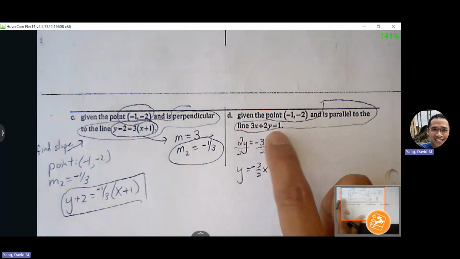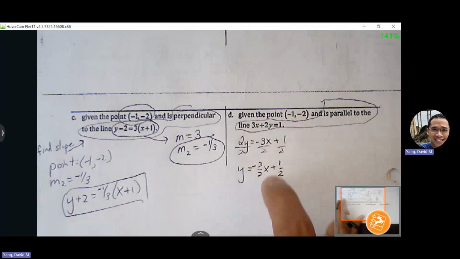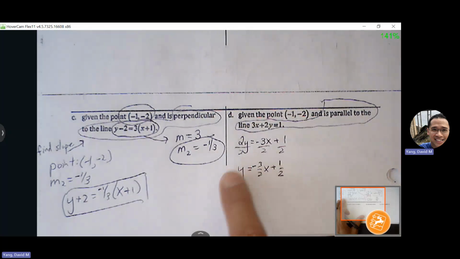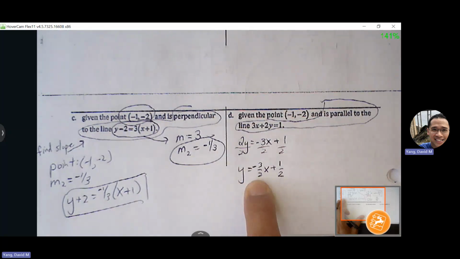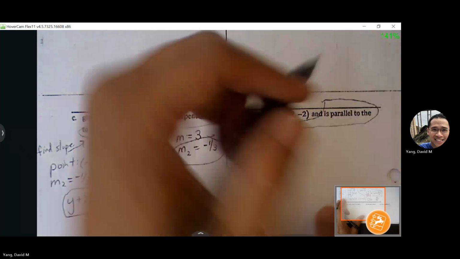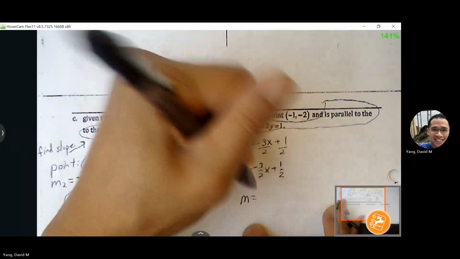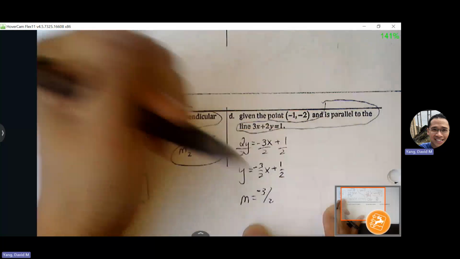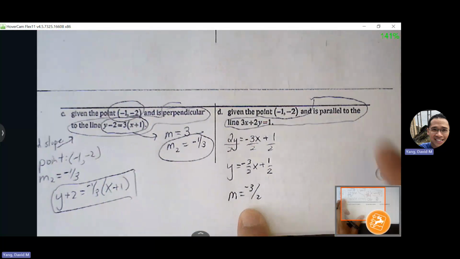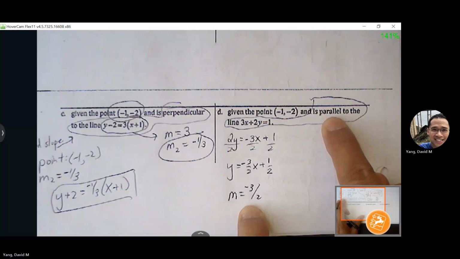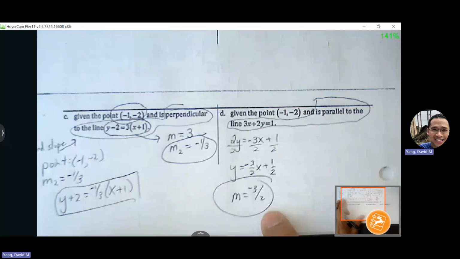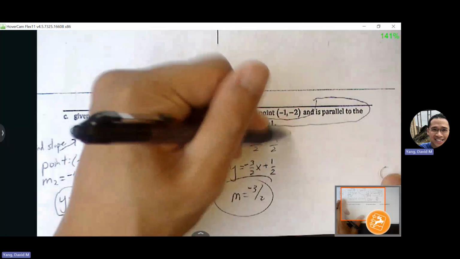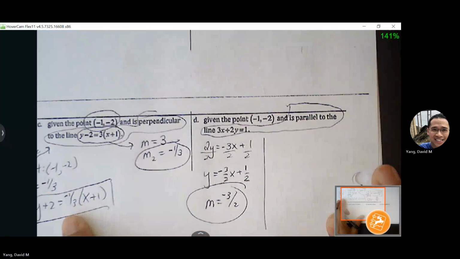So I've rewritten it in slope-intercept form to make it easier for me to pick out the slope. What is the slope of this line here? -3/2, right? Now, do we want to keep the slope or do we change it? Keep it, yeah. So it says parallel to this slope, so we want the slope that's exactly the same as this one. So we can use this slope and this point, and then we can do point slope form.